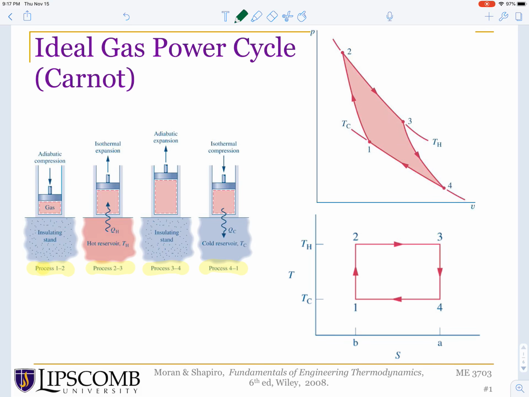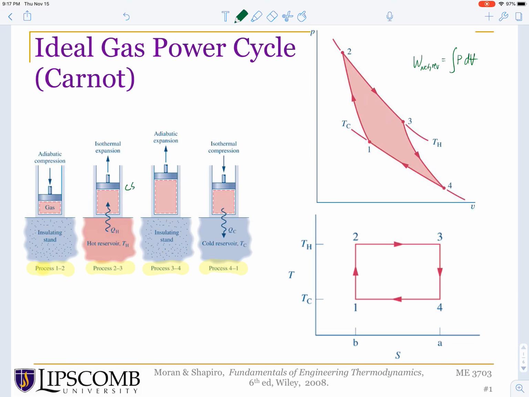So we've got our diagrams here, and this is a control system, right? So we should be able to understand that the net reversible work performed is going to be equal to the integral of the pressure with volume.